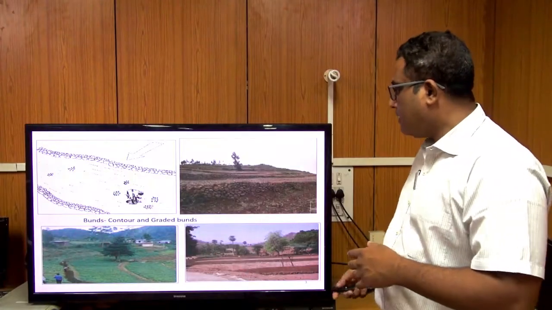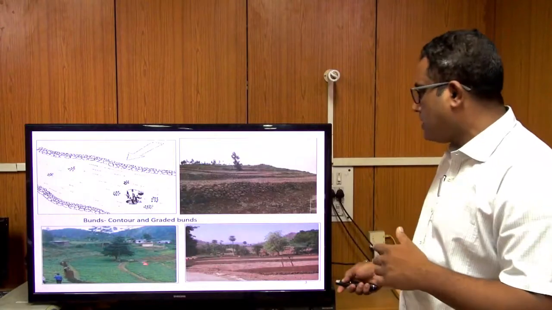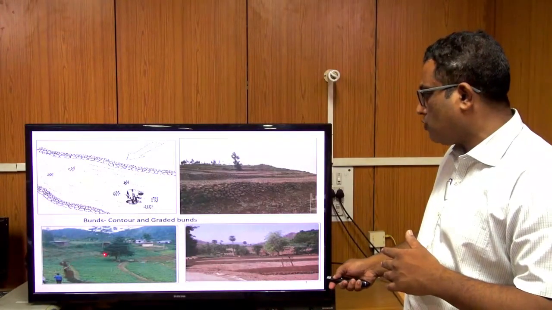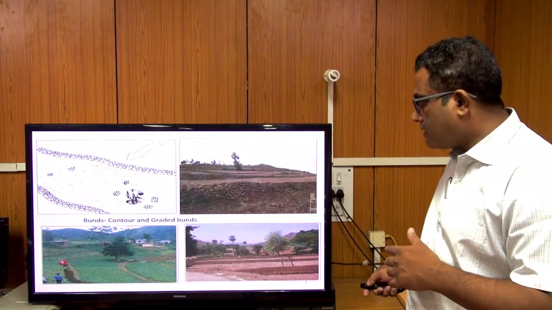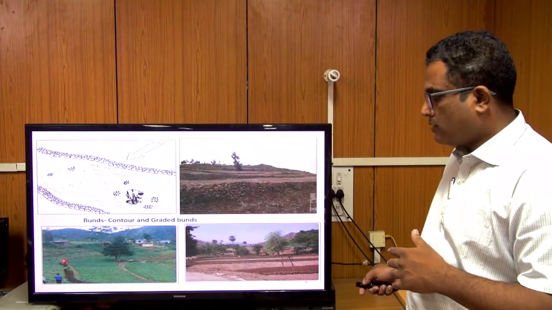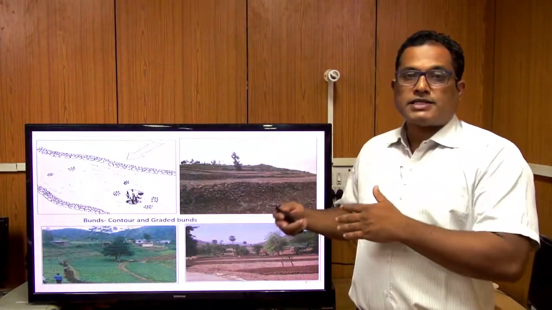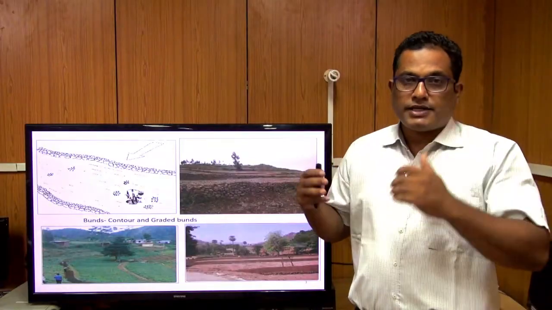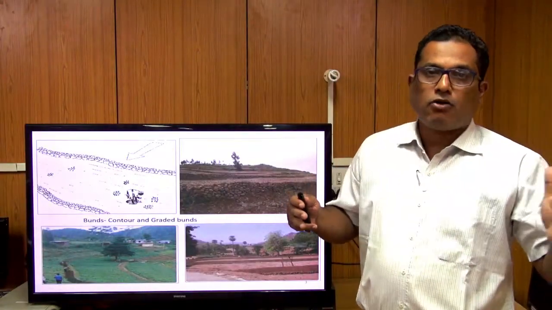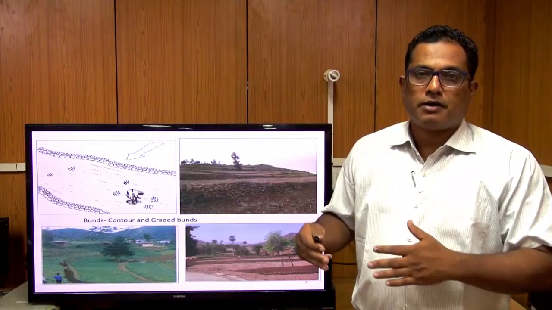Graded bunds are ones where we give a certain grade along the contour. If this is a contour bund which conforms to the contour of the area, in a graded bund a certain grade is given. Because the bund will be of a certain height, if there is excess rainfall, the bund may be destroyed because of the high water pressure.